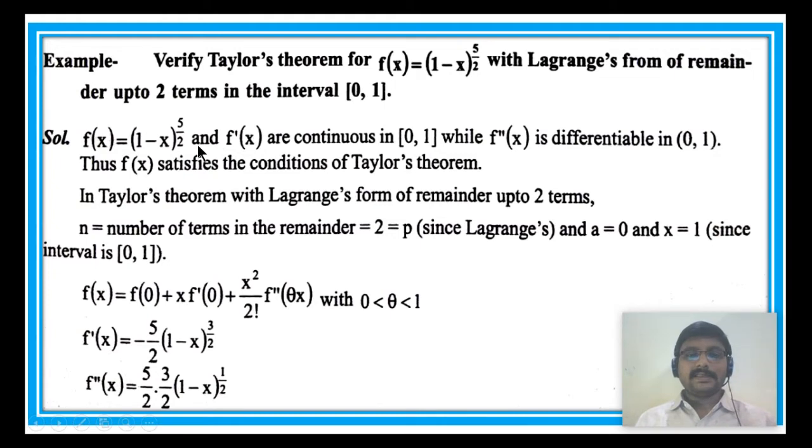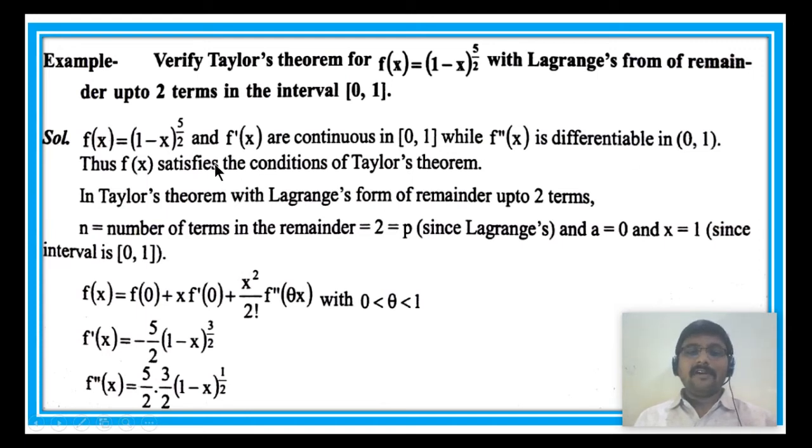Given f of x and f dash of x are continuous in the closed interval 0, 1, while f double dash of x is differentiable in the open interval 0, 1. What is n here? The n value is 2, up to 2 terms. That means f double dash of x must be differentiable in the open interval 0, 1.